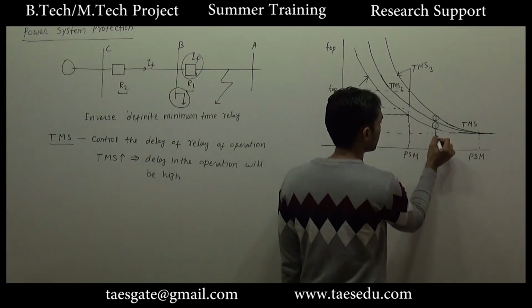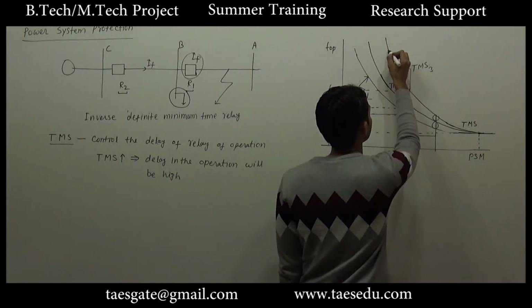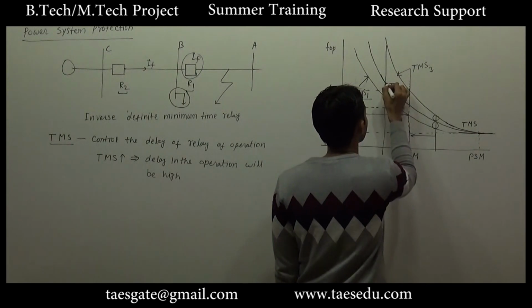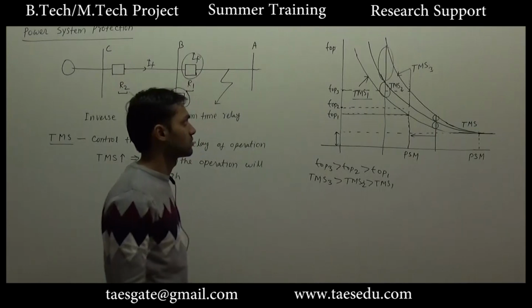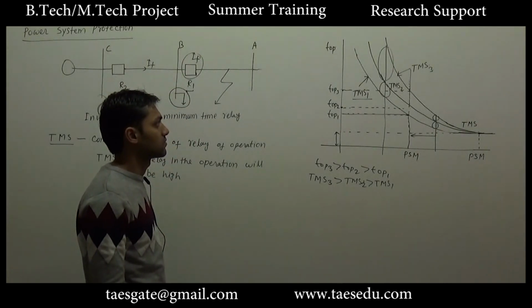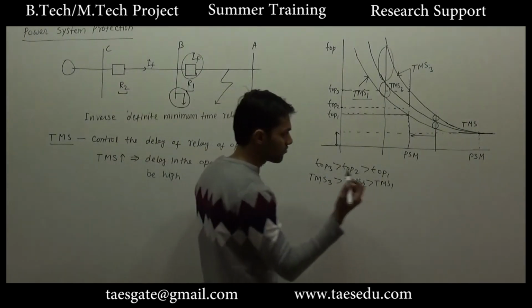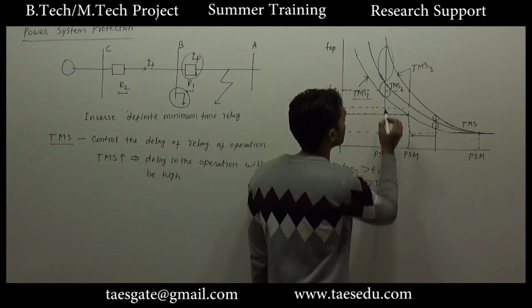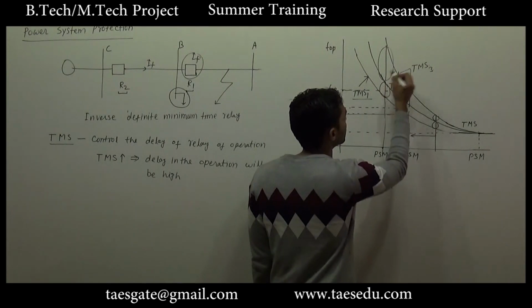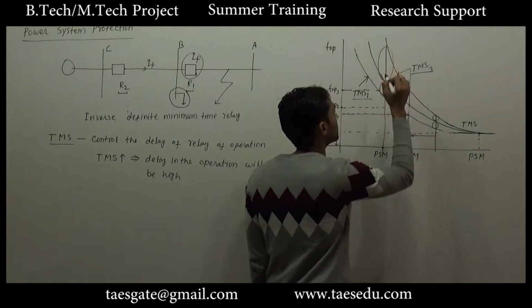As you will move in left direction, the gap will increase. At this point, here this is the gap and this is the gap. So as you will move in the left direction, for a particular value of PSM, the gap between the delay for different value of TMS will increase.